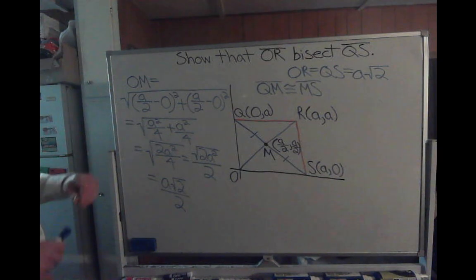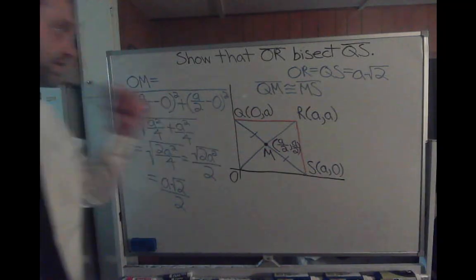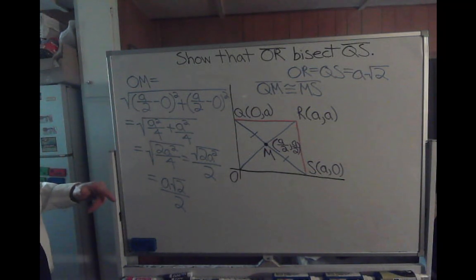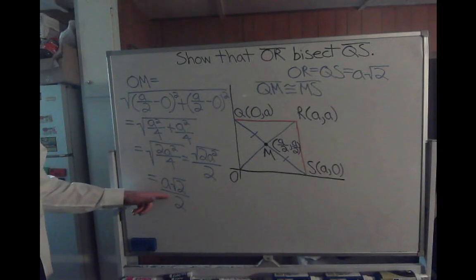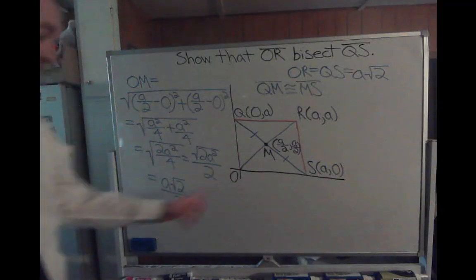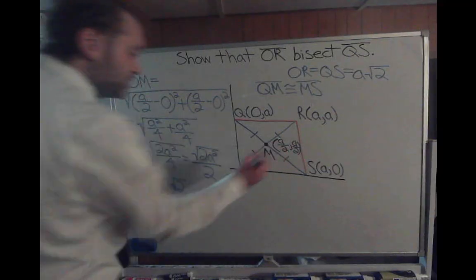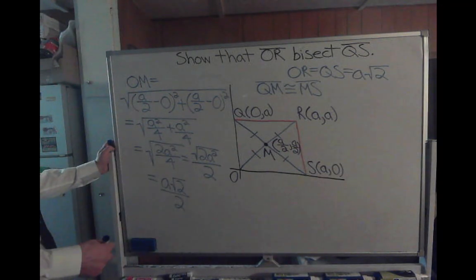And if OR has a length of a times the square root of 2, and you subtract the length of OM here, you would find that the length of MR has the exact same length. So we could place congruency markers on those too.